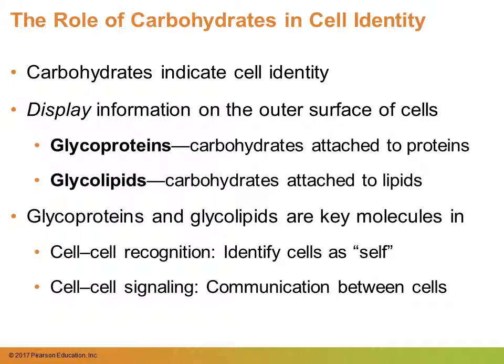So every time I see those words, I know it means sugar proteins and sugar lipids. They're used for cell-to-cell recognition and cell-to-cell signaling. In other words, isn't it wonderful that our bodies know through glycoproteins that eyeball cells stay with eyeball cells and liver cells stay with liver cells? And this is through cell-to-cell recognition and also cell-to-cell signaling.